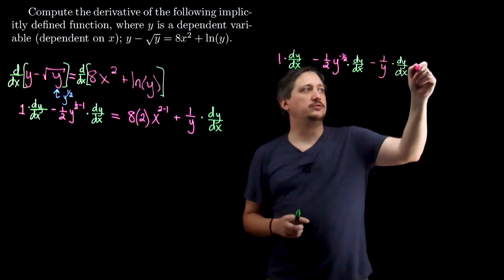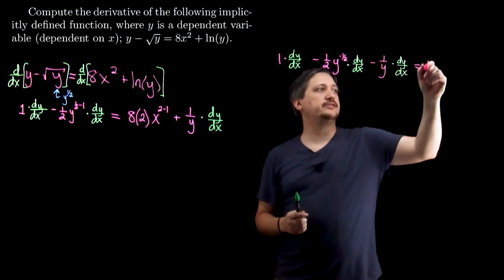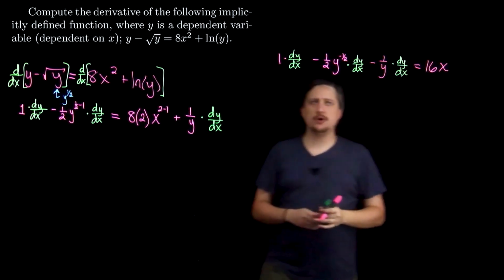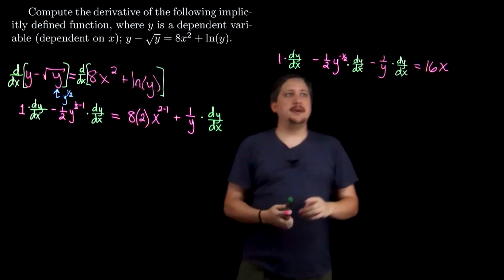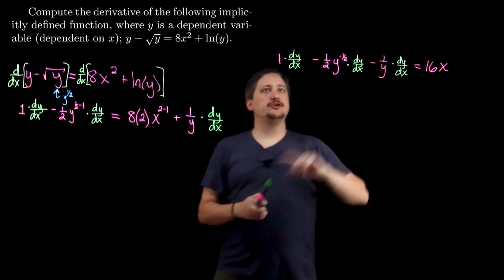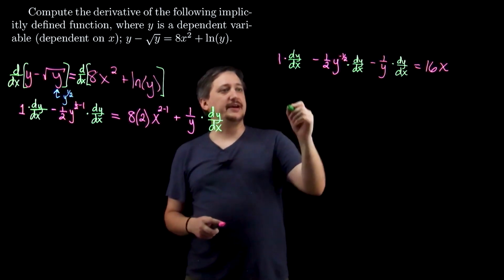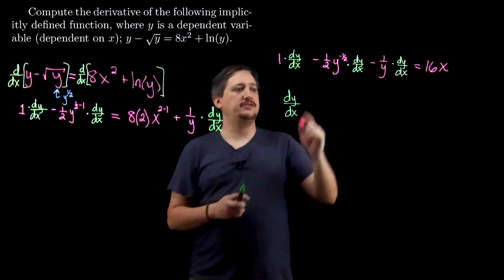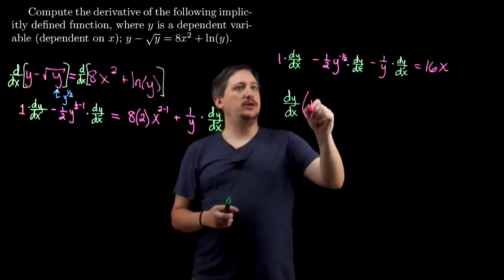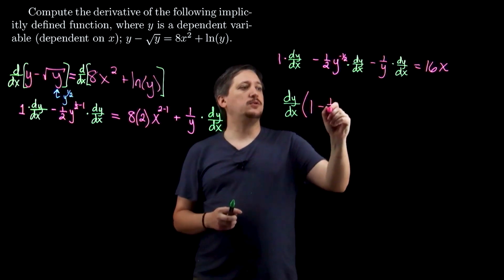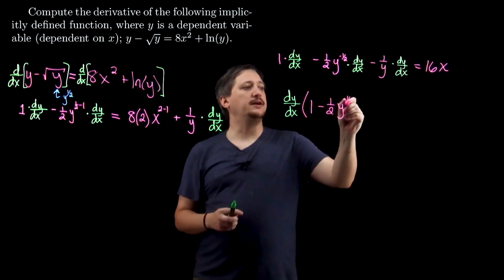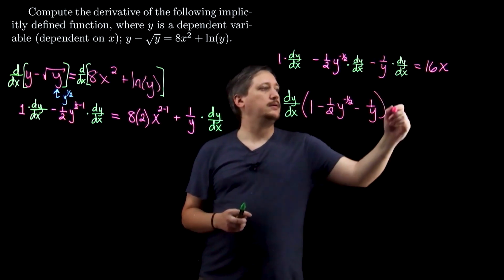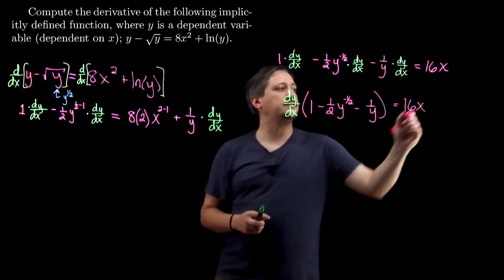All of that equals the thing that's still on the right here, which is 16x to the 1, so the 2 minus 1. All I've basically done is move this piece over. But now I have a dy/dx on all of these terms, so I'm going to factor that out. So I have dy/dx times, I still have a 1 there, minus 1/2 y to the negative 1/2 minus 1 over y, equals 16x.